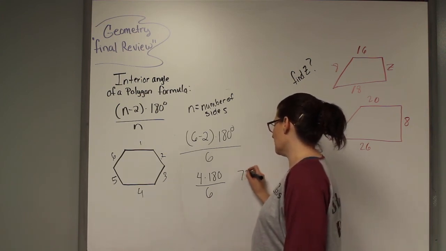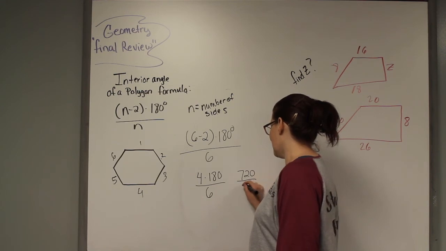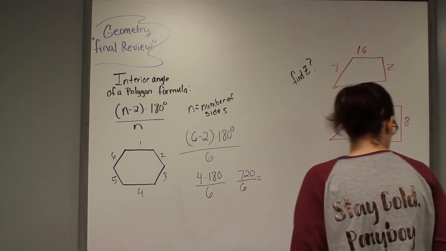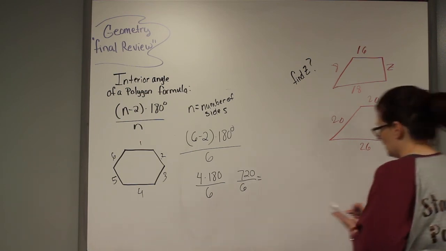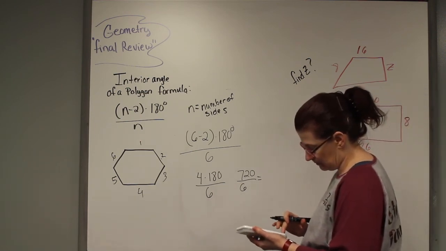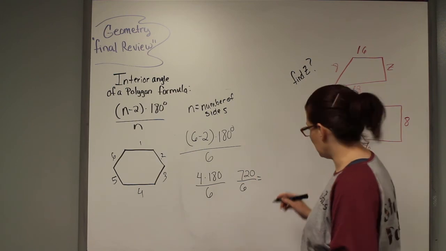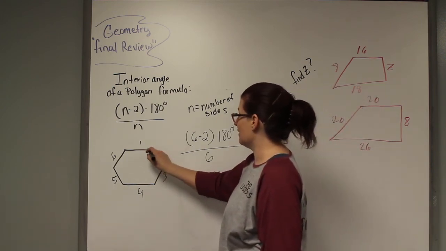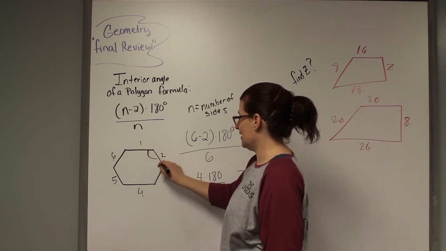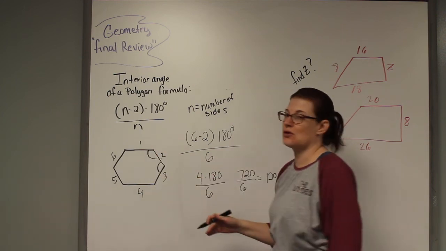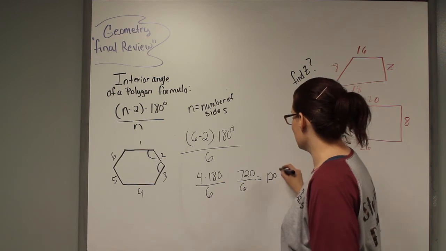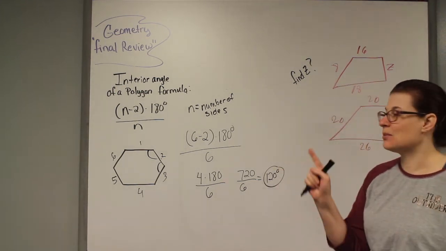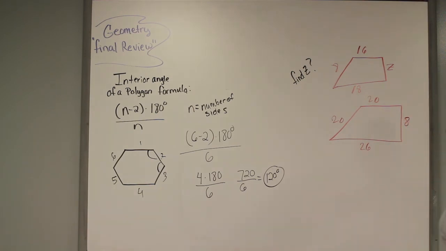That should be 720 divided by 6, which should be 120. Yeah. So the answer is the interior angle of a regular hexagon, regular means all the sides are the exact same length, is 120 degrees, okay? So just know the number of sides in that formula and you'll be set on that.